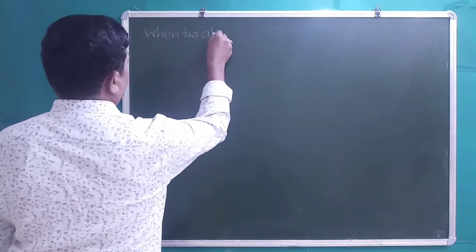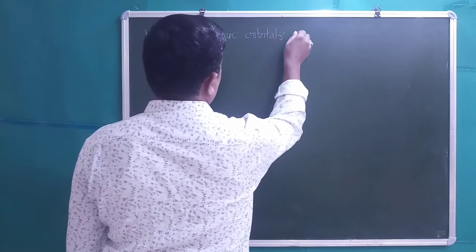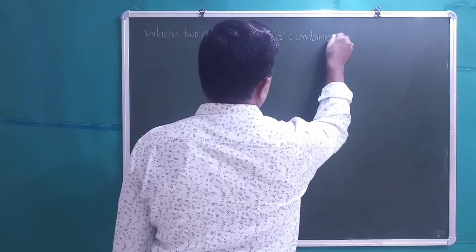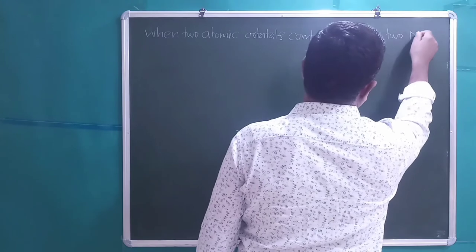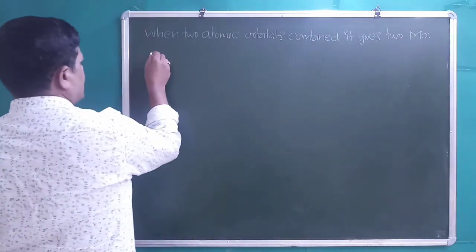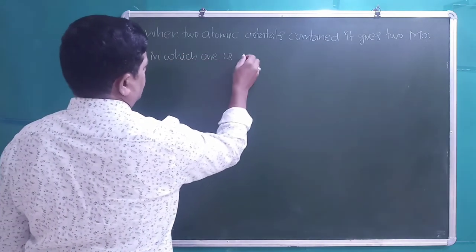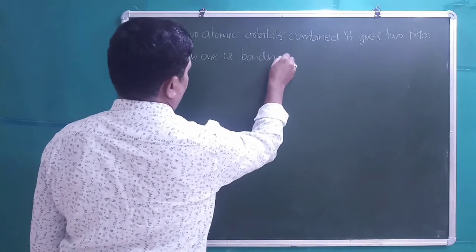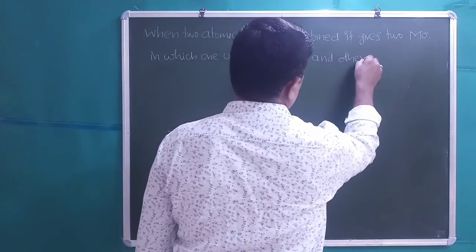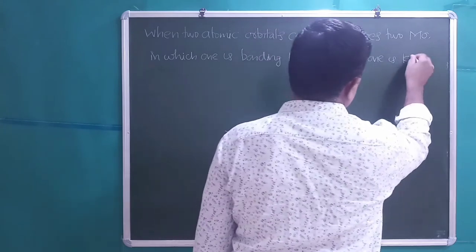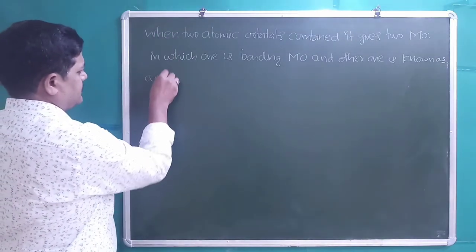When two atomic orbitals combine, they give two molecular orbitals, in which one is the bonding molecular orbital, bonding MO, and the other one is known as the anti-bonding molecular orbital.